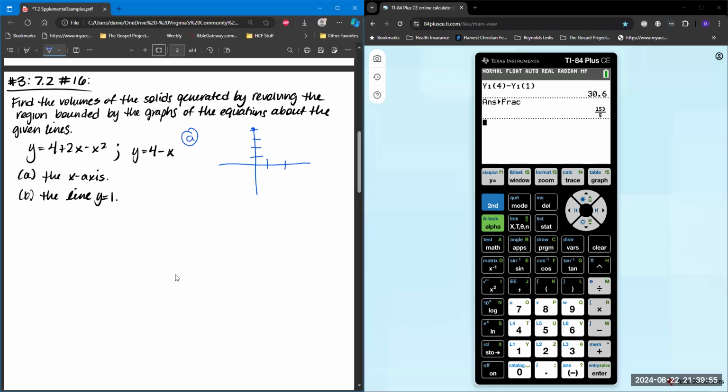At x equals 2, we have 8 minus 4 is 4. B over 2 times negative 1 is negative 1. Negative 2 over negative 2 is a positive 1.